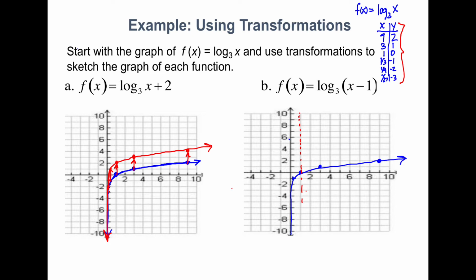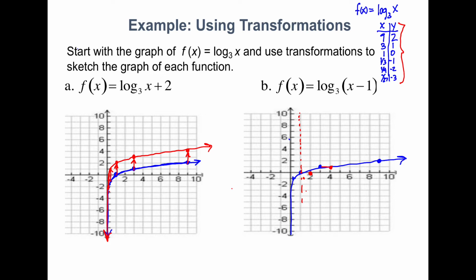And so this would move to the right one. This would move, let's see, this is at 1, 0, to the right one. So instead of 3 giving me 1, now 4 is going to give me 1.